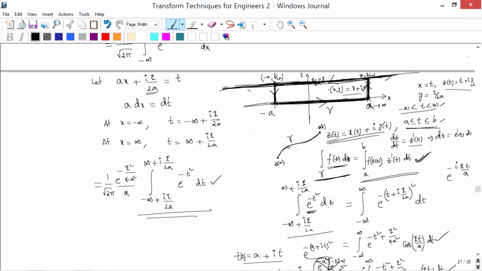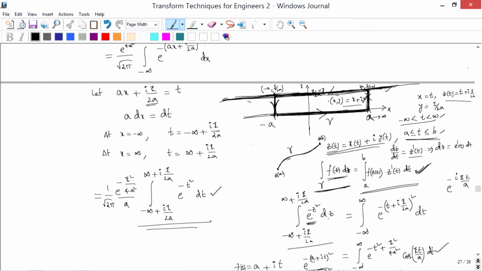If you parameterize the same way in the opposite direction, that is also 0. So, maybe we will try to do this in the next video, we will properly calculate and see this one. Okay. So, once you do this, this one plus this is 0, and this plus this equals 0, that means this is equal to minus of this one, because you go in the opposite direction, that is a minus of that.